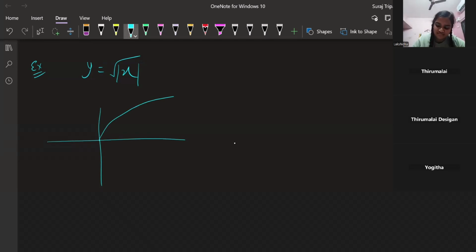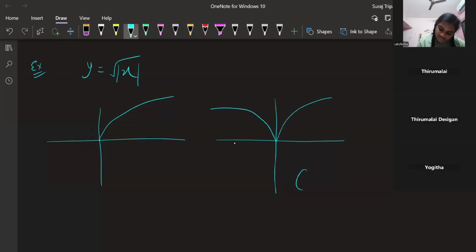So again, as you can see, there is no graph on the left side of the y-axis, but still we have to take reflection of the entire graph which is present on the right side of the y-axis. So the graph will look like this. Actually, you can write down this shape is called cusp.